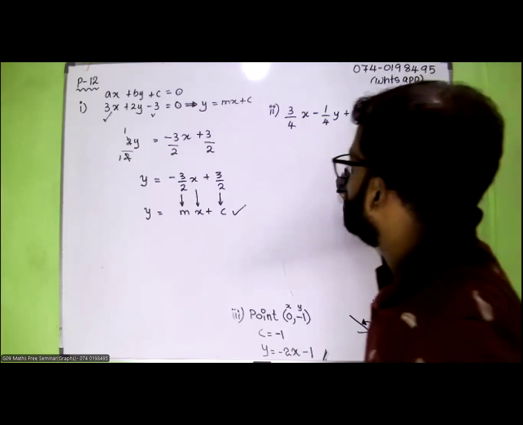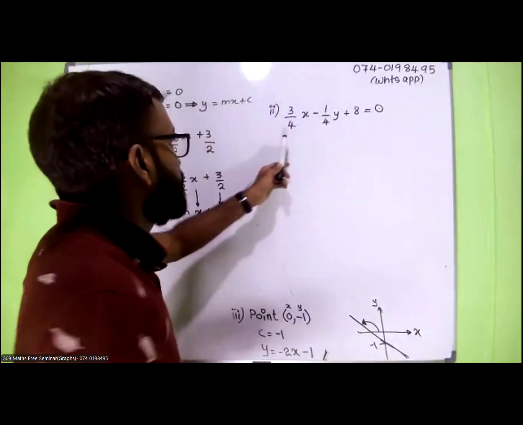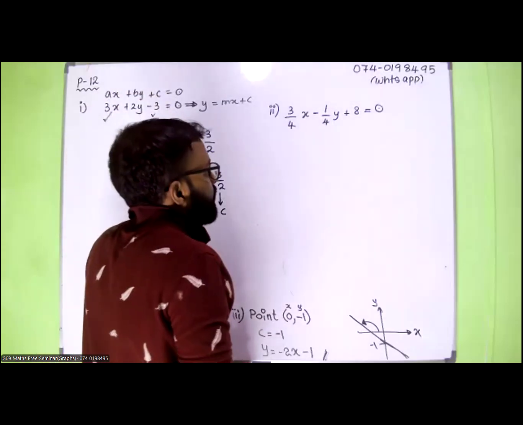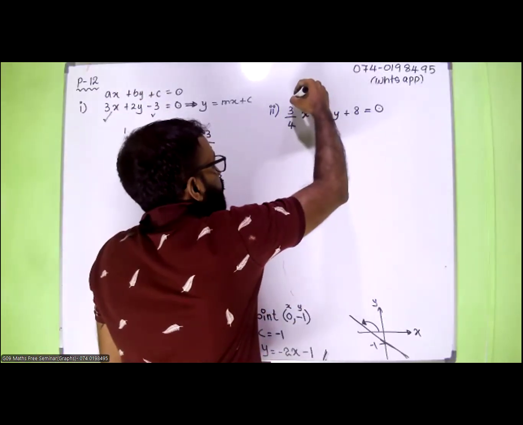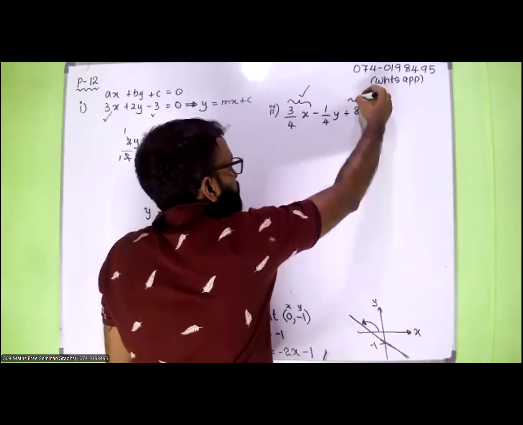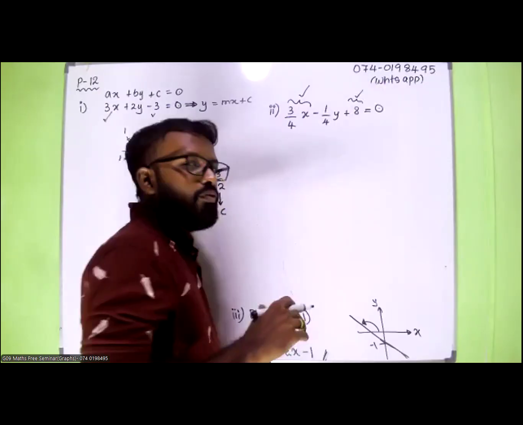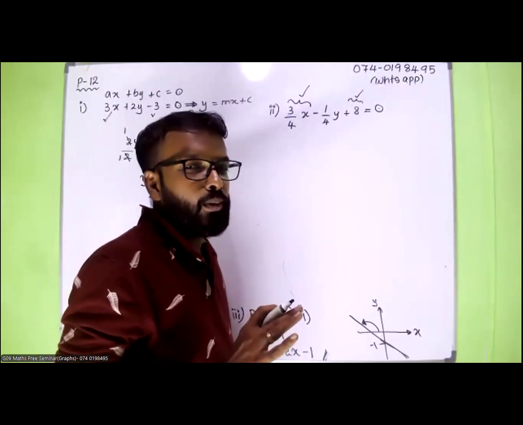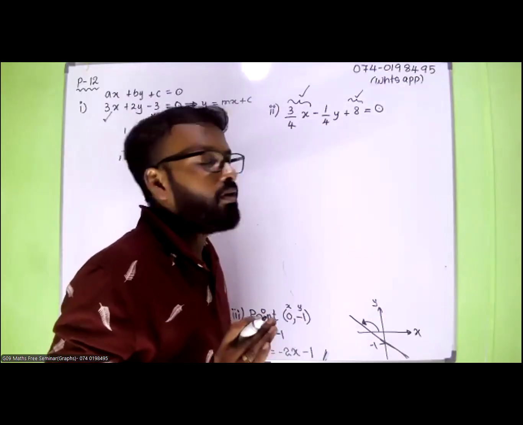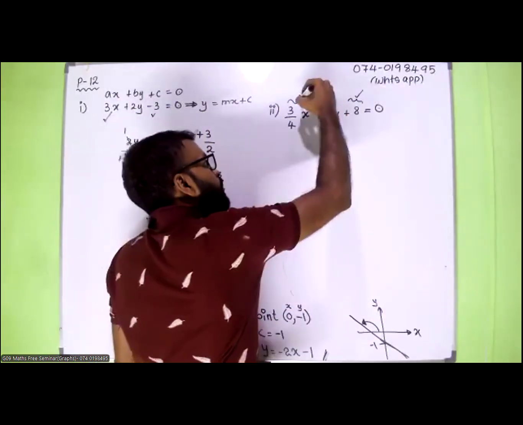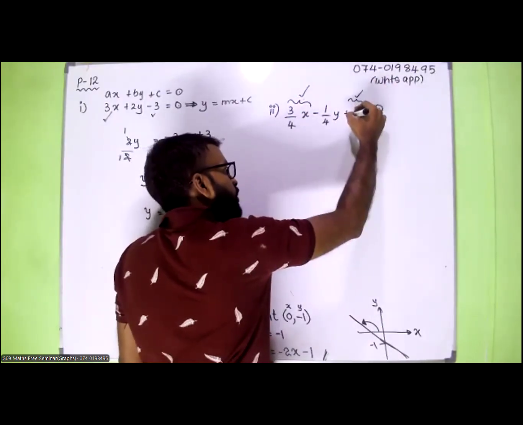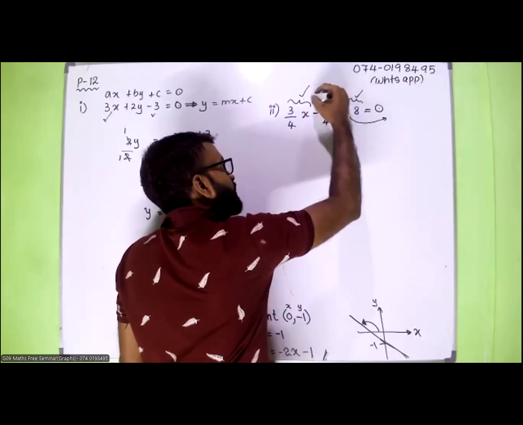So guys, you have to convert this into your y equals mx plus c form, right? So I need to remove this term and I need to remove this term. Now we are in advanced mode. We know one thing or two. So at once I am going to take this term to my right hand side, and this term to my right hand side as well.